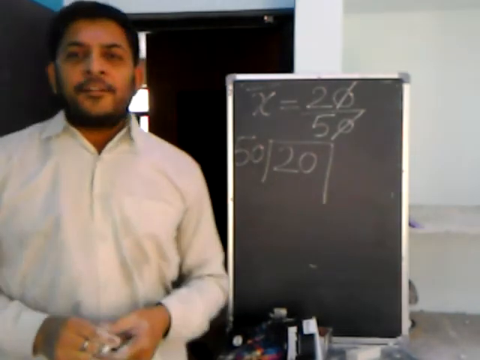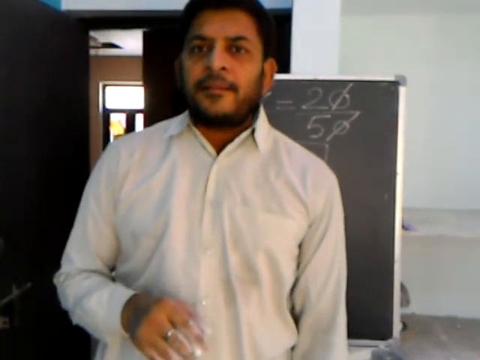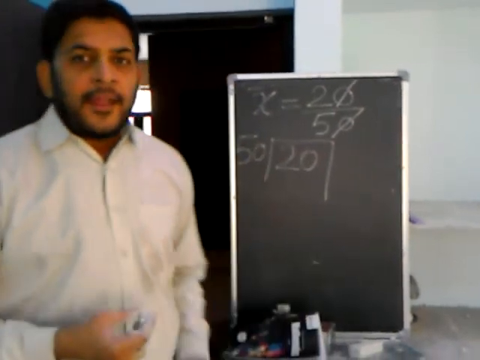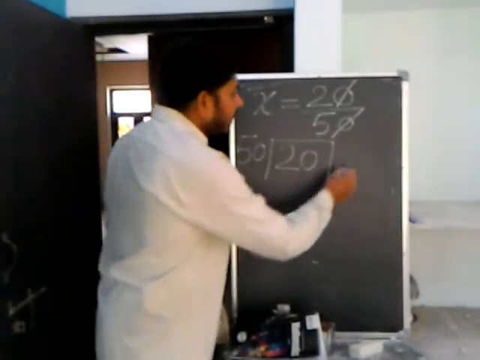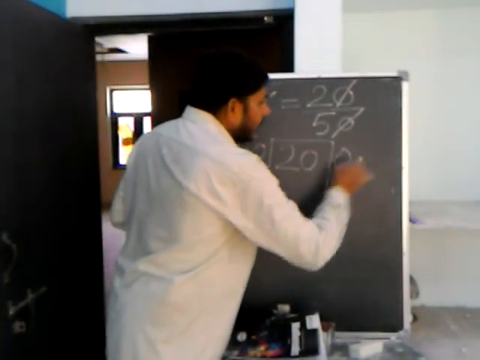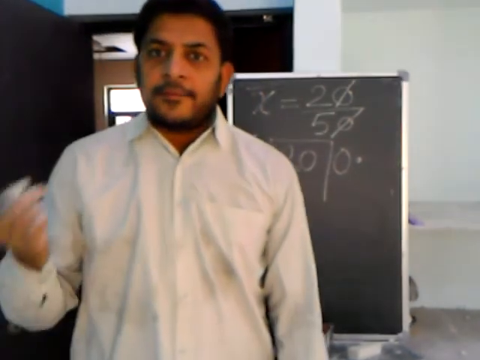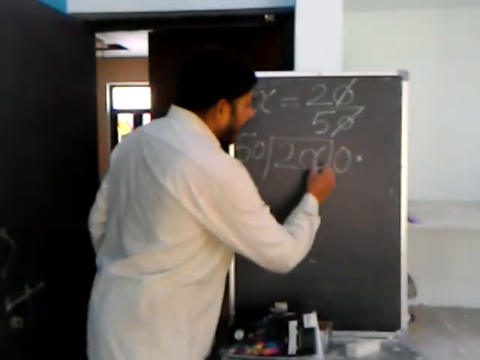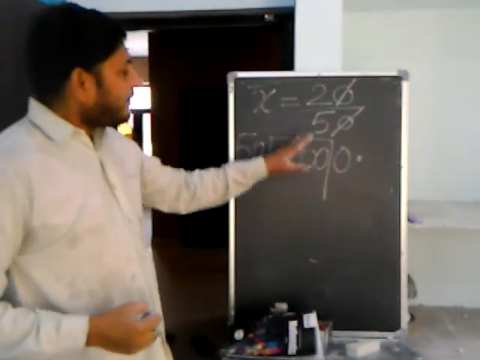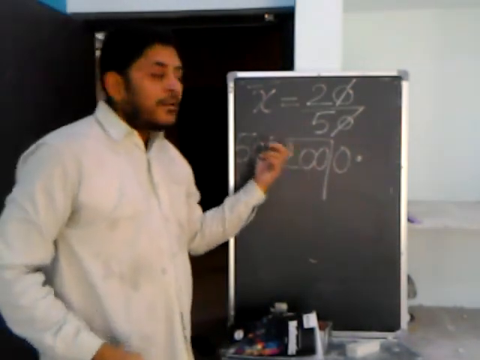Now 50 is bigger than 20, and we know if we have to divide in such a condition, we take a point, and then we can get an extra 0. This extra 0 made it 200.